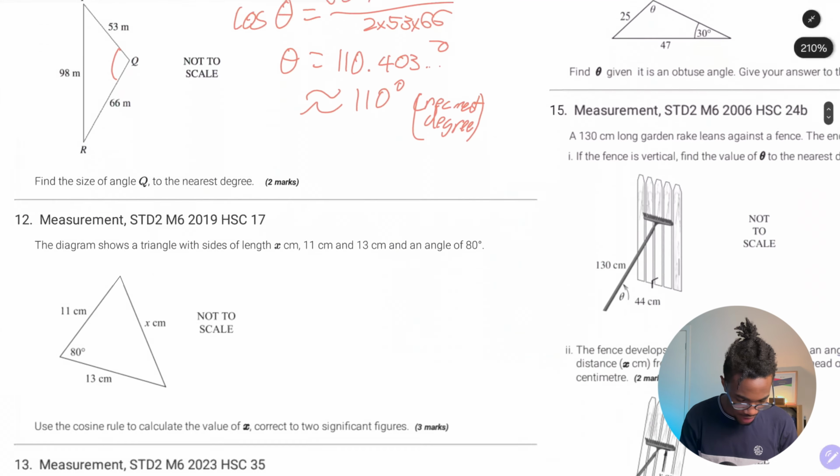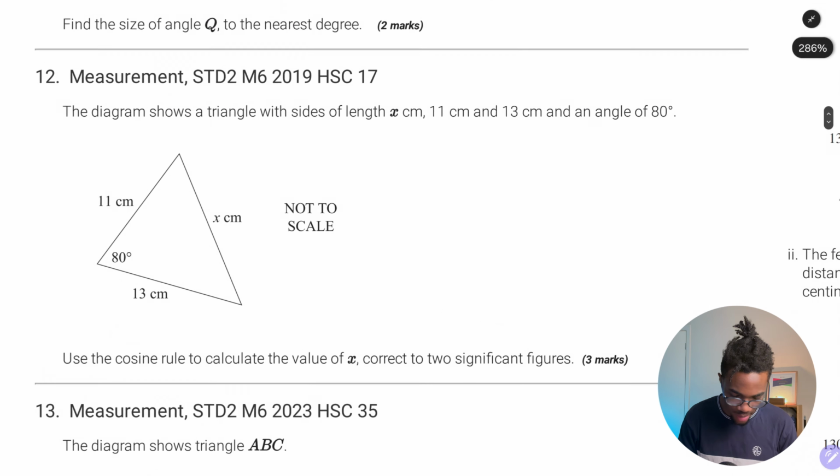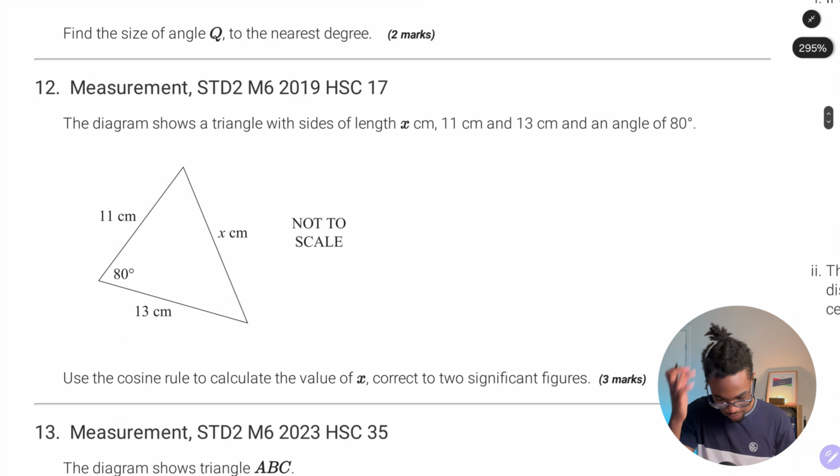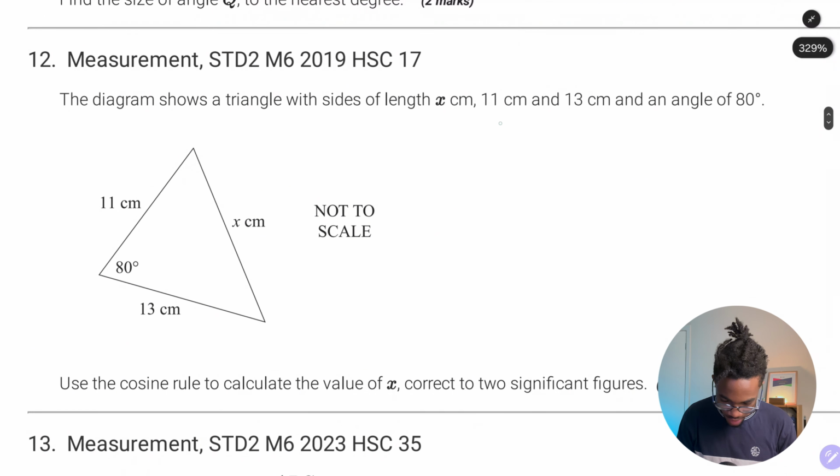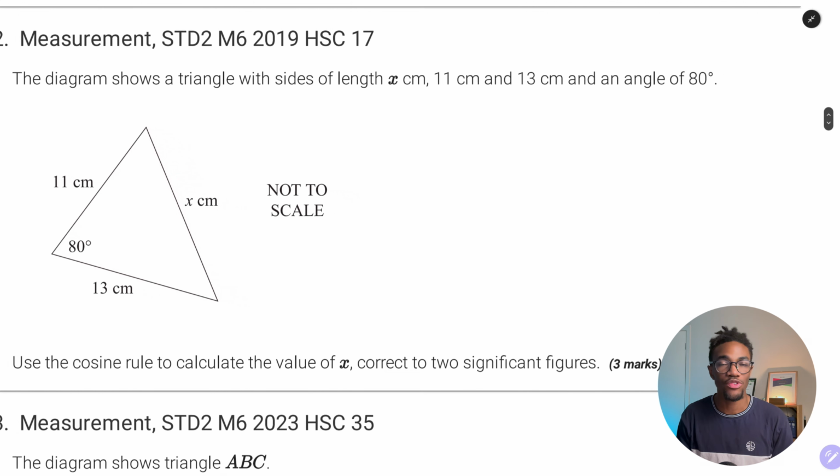Okay. 11. The diagram shows a triangle with sides of lengths x, 11, and 13, and an angle of 80 degrees. Use the cosine rule to calculate the value of x correct to two significant figures. Again, these questions are easy. Just plug in the numbers and you get the answer.